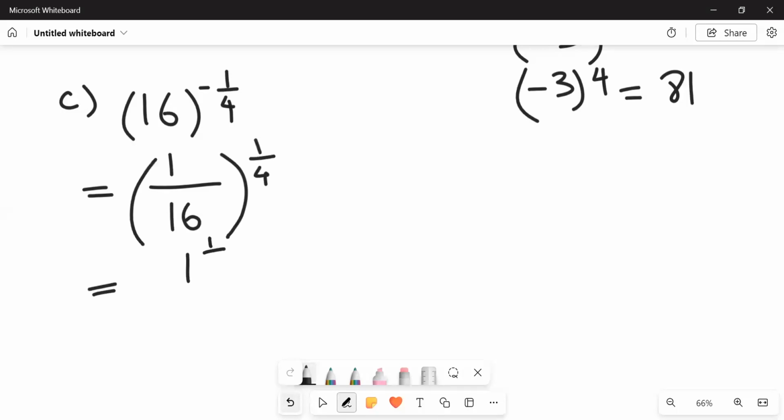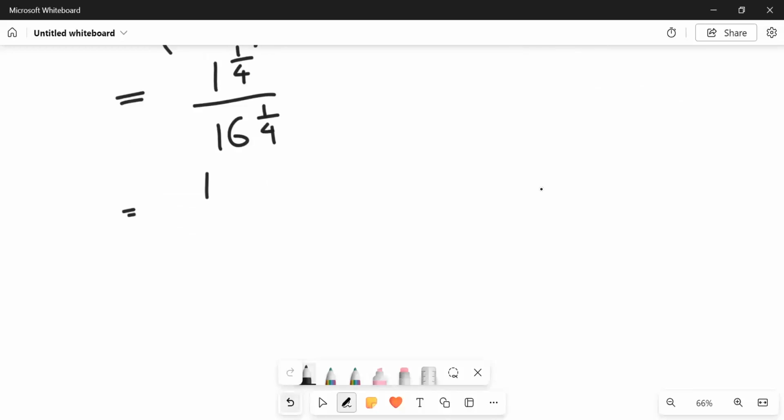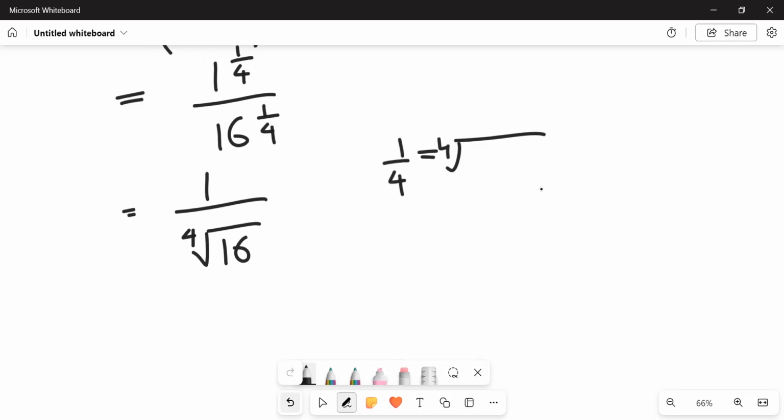1 power 1 over 4 will be 1, and 16 power 1 over 4 will be in the radical sign. It will be 1 over the fourth root of 16, because 1 over 4 is equal to the radical form of this.